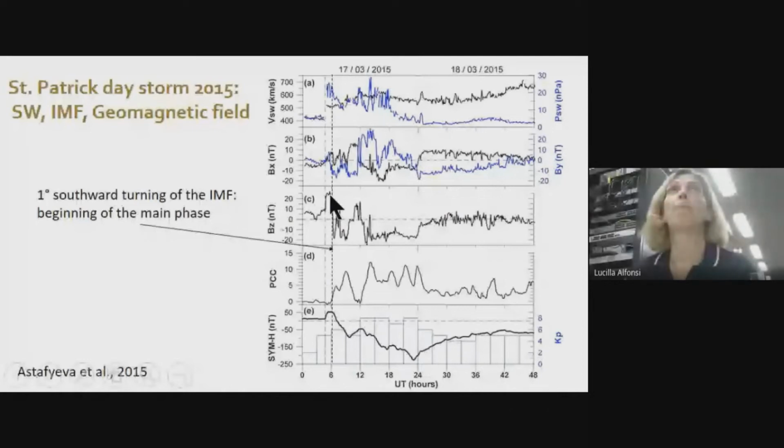direction, so from a positive direction, as you see here, go very quickly, turn southward. So from a closed magnetosphere, we go towards an open magnetosphere.